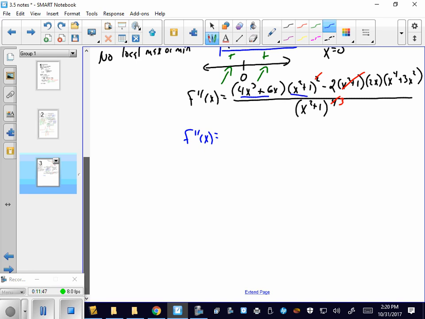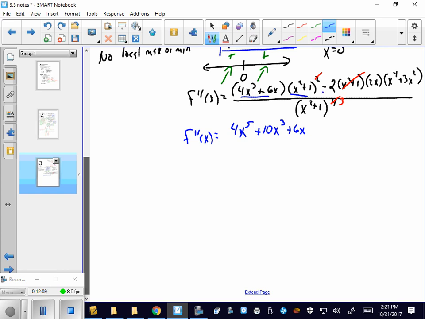Okay, what is that going to be? 4x to the fifth. Outside is going to give me 4x cubed. Inside is going to give me 6x cubed, so that's going to add to 10x cubed. And then plus 6x. That's the foiling of the first part.